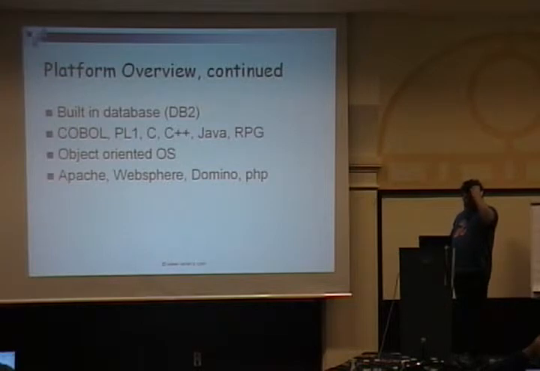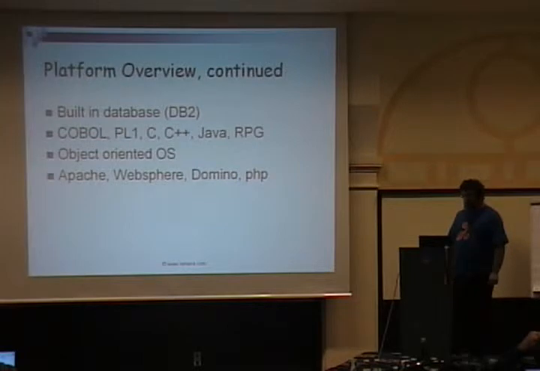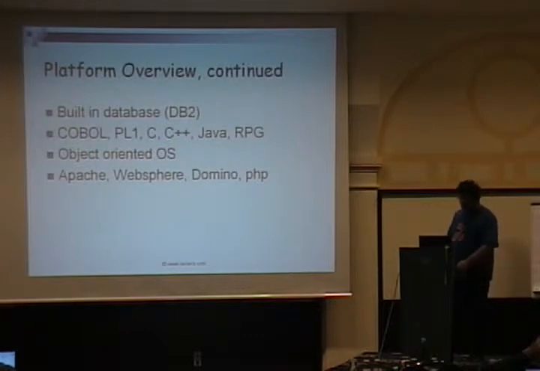So what do we have in this AS400 system right now? We have a built-in database, which is basically a flavor of DB2. We can write applications in COBOL, PL1, C, C++, Java, RPG. We have an object-oriented OS. I will get to it later on. Remember this object-oriented OS for a while.